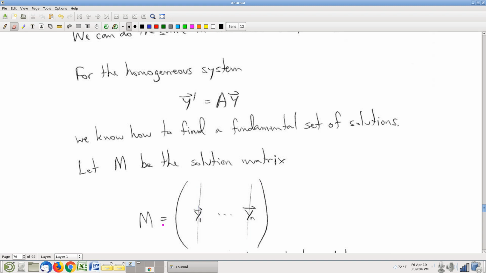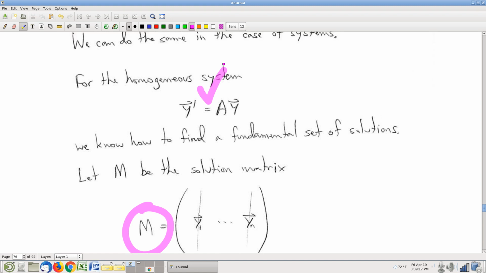Okay. All right. Loosely speaking, I'm going to say that M satisfies the equation, which it kind of technically does if you think about it. If you were to plug in this entire matrix in the place of Y, well, we're going to take the derivative up there. The derivative I would compute as if I were computing the derivatives of the individual columns. Right?